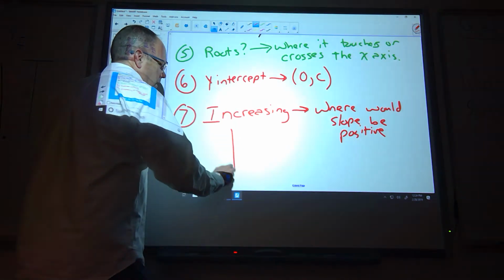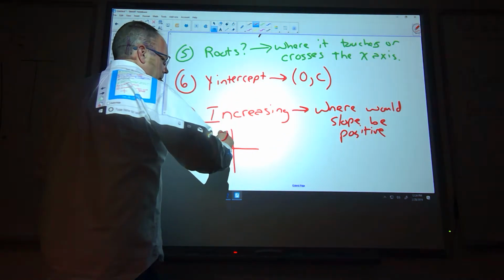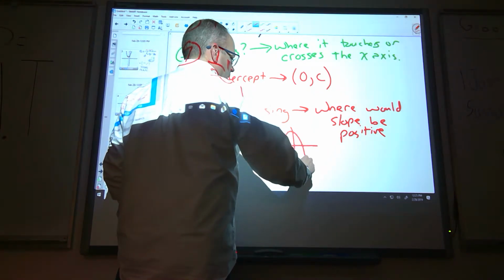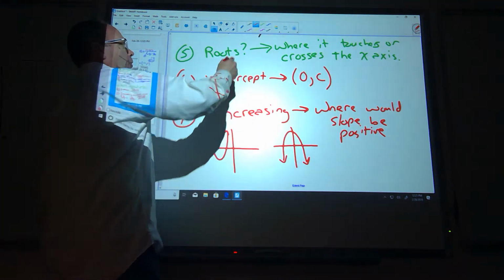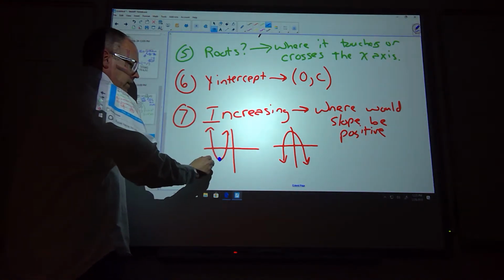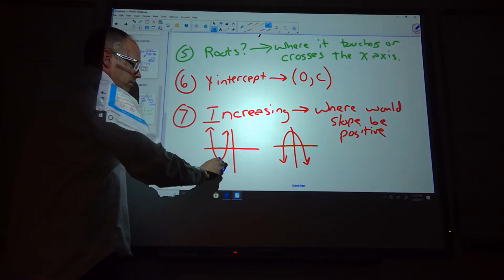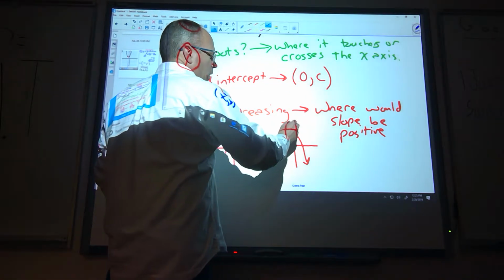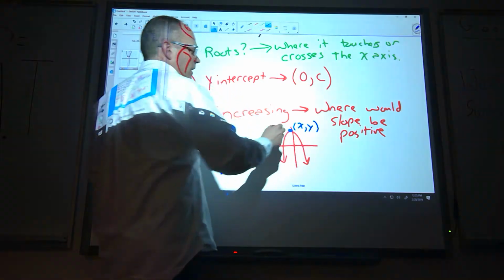So let's just kind of make up a parabola here, and let's make up a parabola here like this. Okay, I have one opening up, one opening down. Let's call this x and y. So that's our vertex there. And then I have a vertex right here. And x and y we're just putting in there so they can represent any numbers we want.